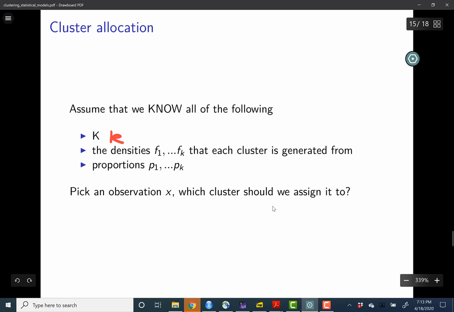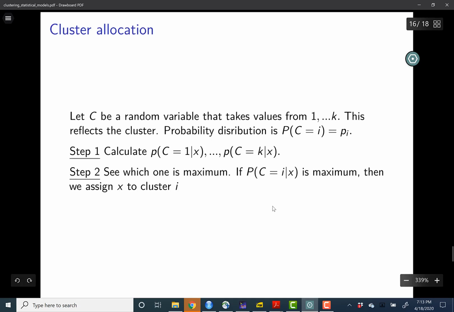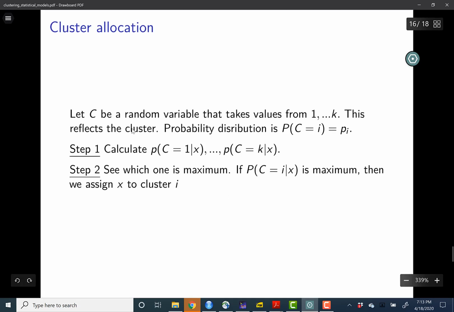Which cluster should we assign it to? What do we do with all of these probabilities? C is a random variable. It takes values from 1 to k now. This reflects the cluster of choice. The probability distribution of C is this: the probability that C is equal to i is just Pi, the proportion of items that are in the ith cluster.